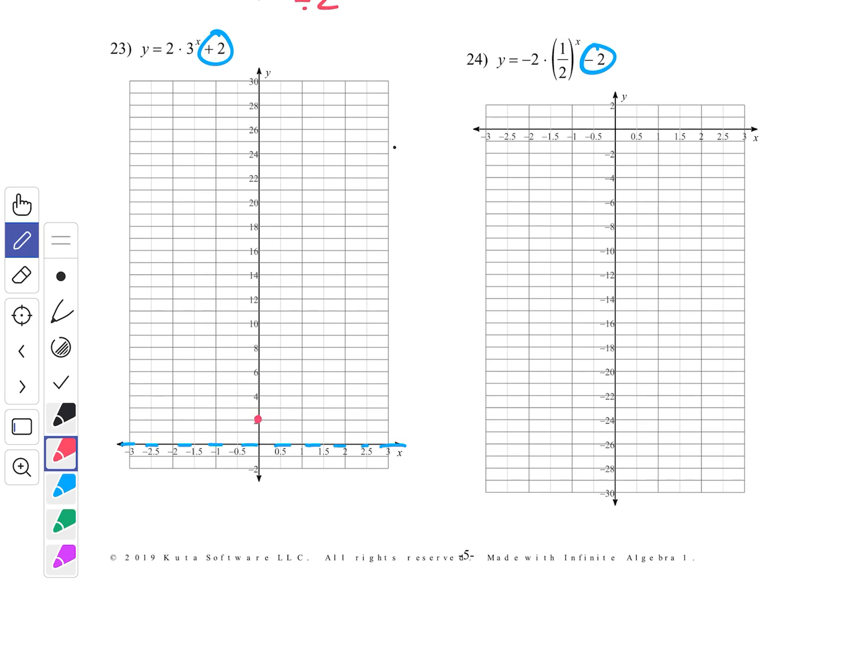Then it would start at 2, and we'd times by 3 going up to the right. Going to the left, we divide by 3. So my graph would look something like this.